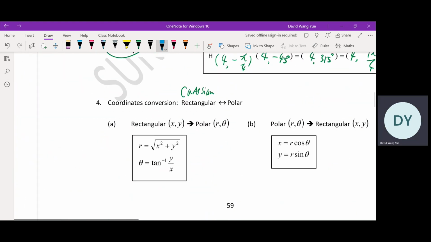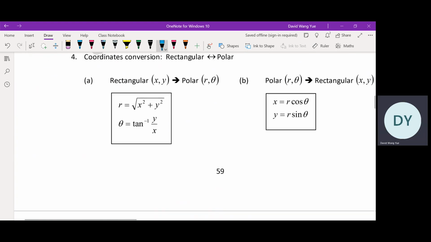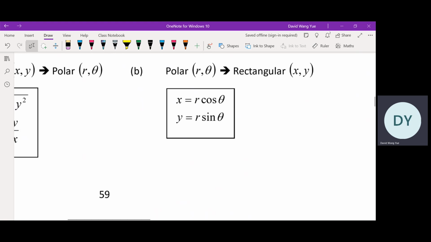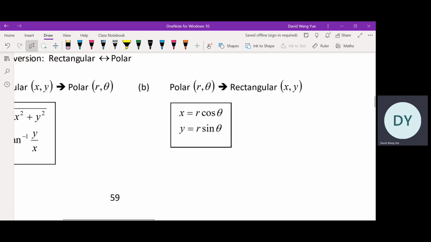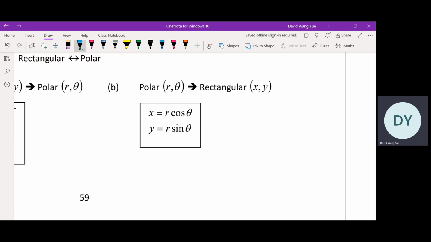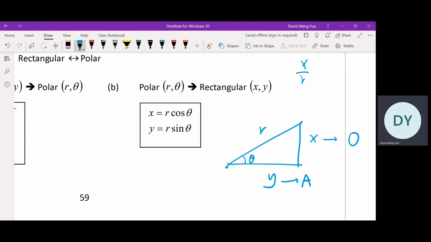This is how we get from rectangular to polar. Now, if I want to go from polar to rectangular, we just use the trigo ratio, because we have radius, x and y, and theta.